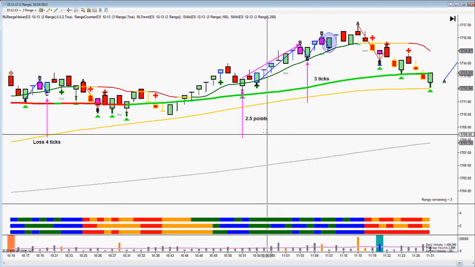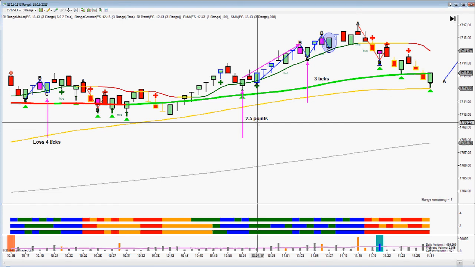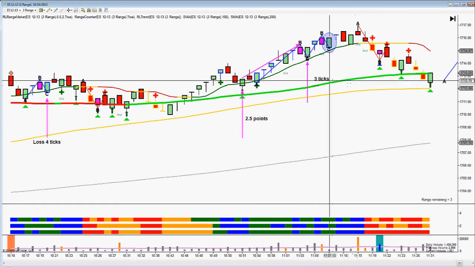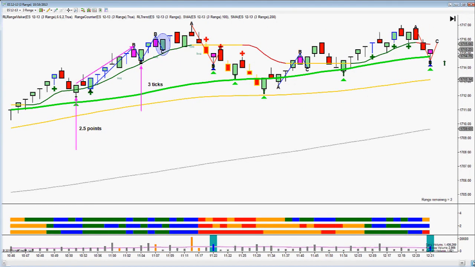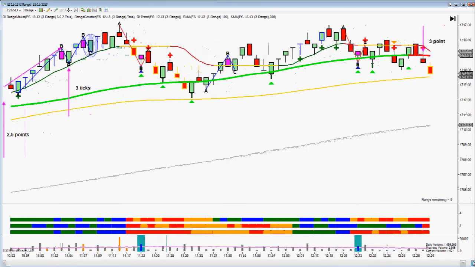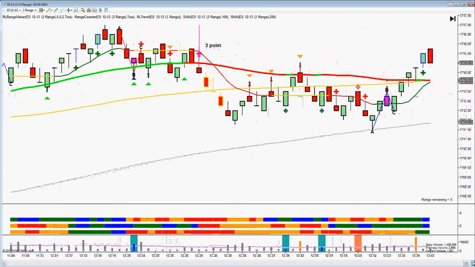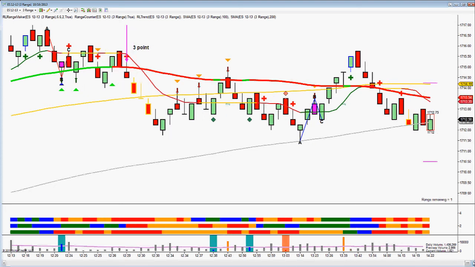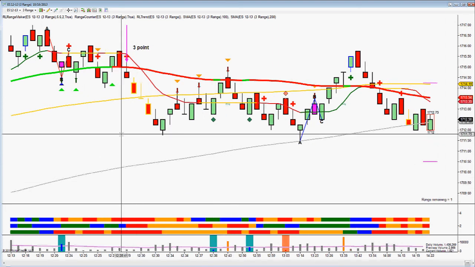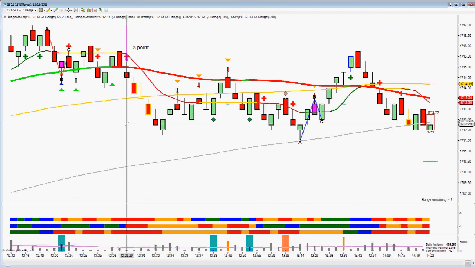Two and a half points, 10.5 points. I'm not even going to add that 3 ticks in. Just leave it 10.5 points. And then we will take the last trade, about 13.5 points. So up till 14:22 hours, you'd have about 13.5 points trading the ES.